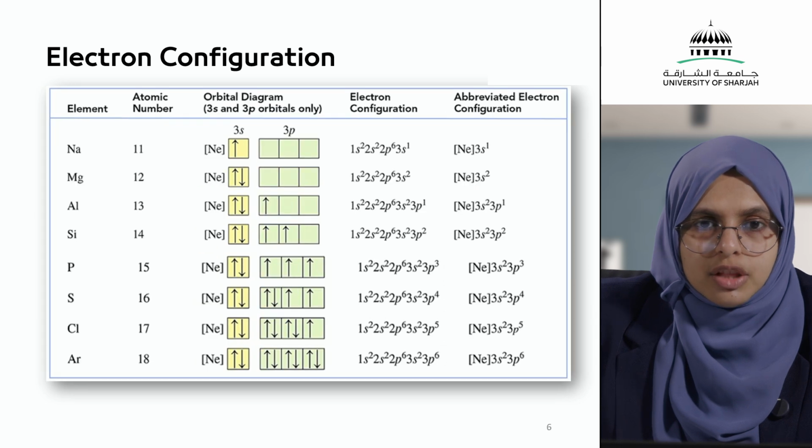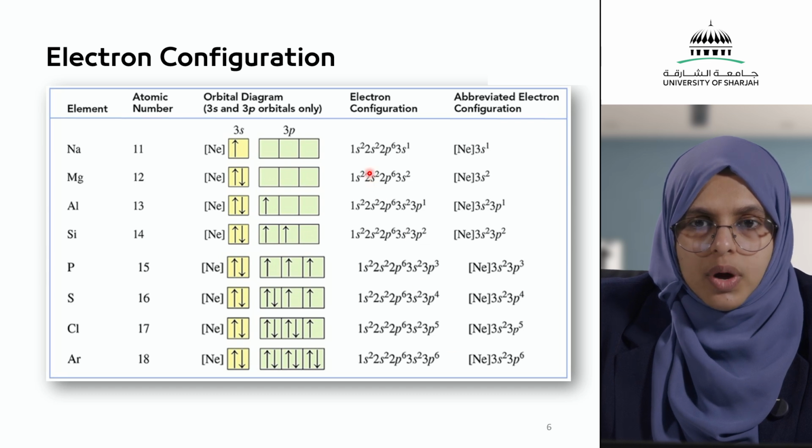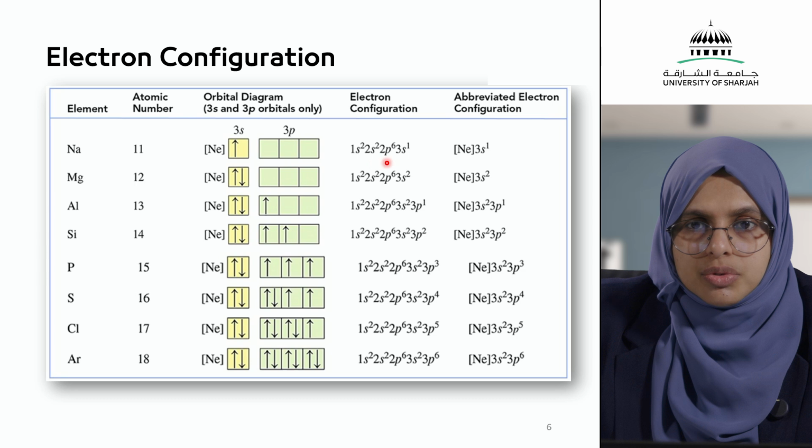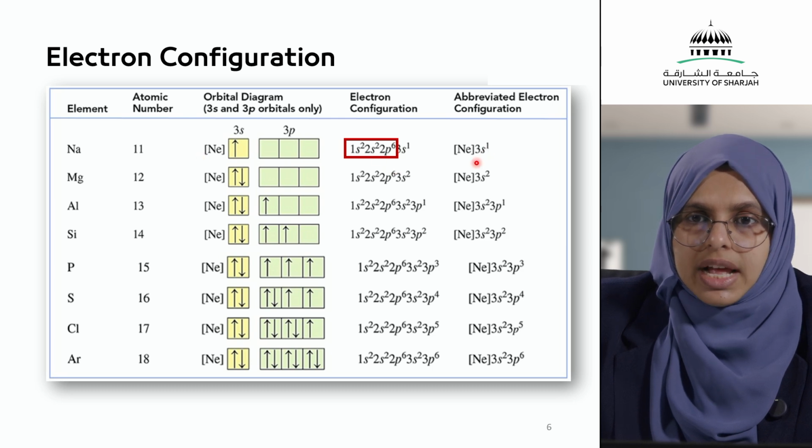Now sodium: the electronic configuration is 1s2, 2s2, 2p6, 3s1. 1s2, 2s2 and 2p6 is the electronic configuration of neon, hence we can write the abbreviated electronic configuration as neon 3s1.